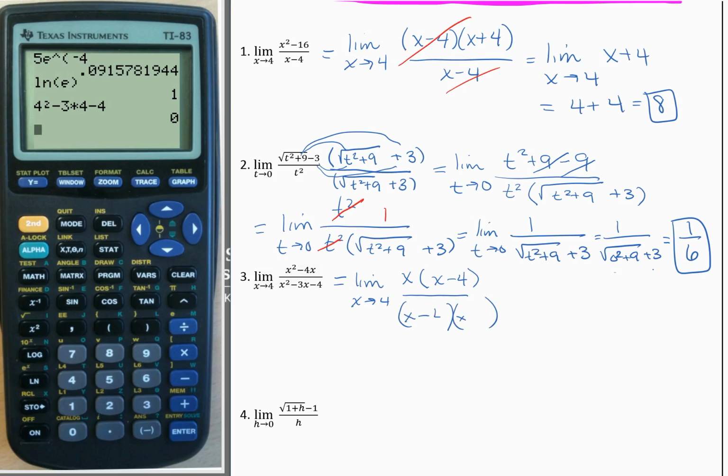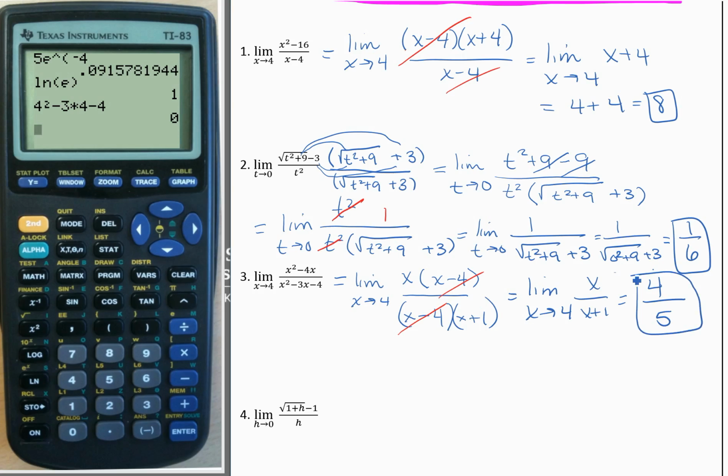So that'll be negative 4 and plus 1. So here we can see these cancel out. And we're left with the limit as x goes to 4 of x over x plus 1. And when we plug 4 in, we get 4 over 4 plus 1, which is 5. So our limit is 4/5.